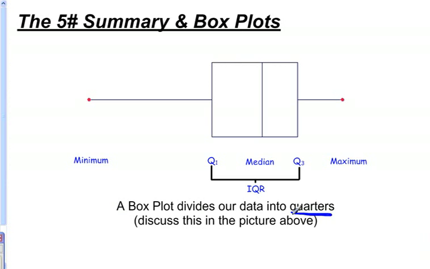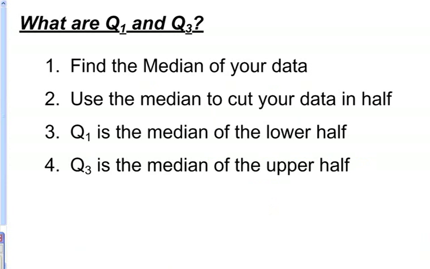The picture may not look perfectly like quarters, but this whisker from here to here represents 1/4 of the data in my study. This box will represent 1/4 of the data, and this last whisker on the edge will be another 1/4. So a box and whisker plot takes our data and breaks it into fourths.